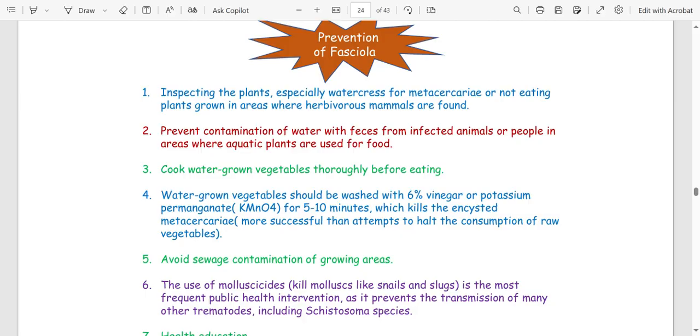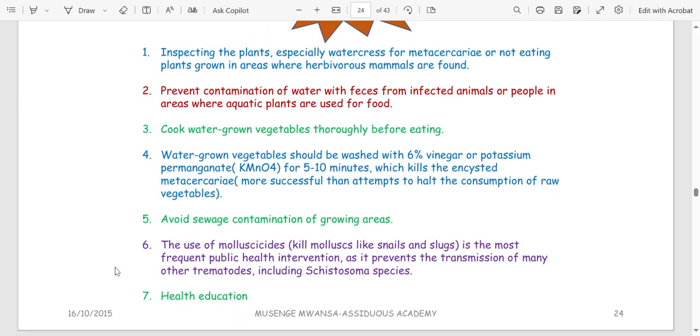So avoid sewage contamination of growing areas and the use of molluscicides. So the molluscicides, these kill mollusks. Mollusks include snails, slugs. So these drugs will basically kill these things. And it is the most frequent public health intervention.